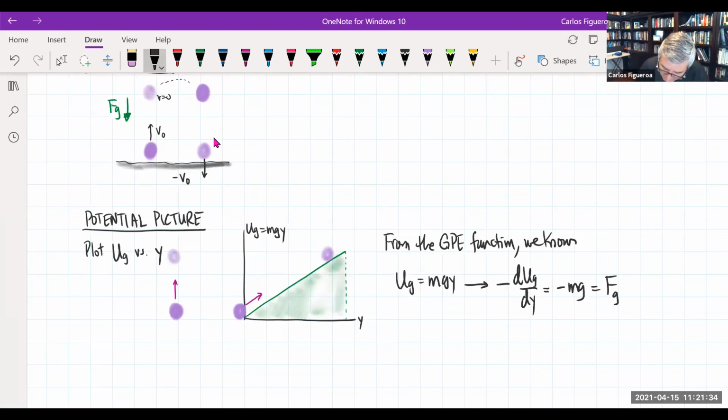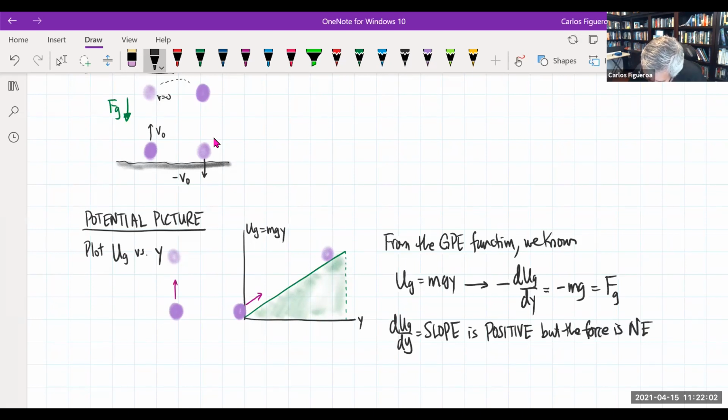So what you're seeing here is that dUG/dy is the slope of the gravitational curve here. And so the slope is positive, but the force is negative.